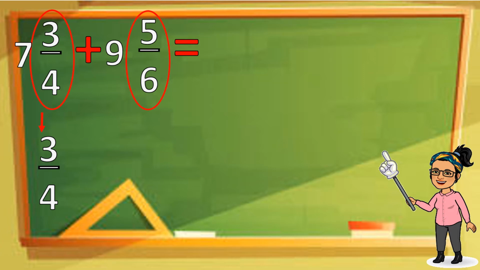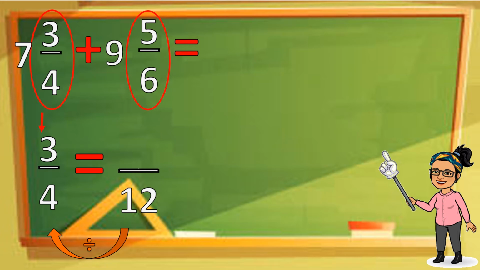By using the listing method, the LCD of 4 and 6 is 12. So we change the denominator to 12, and then just divide and multiply.